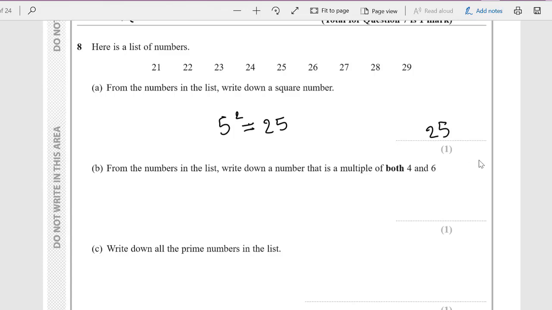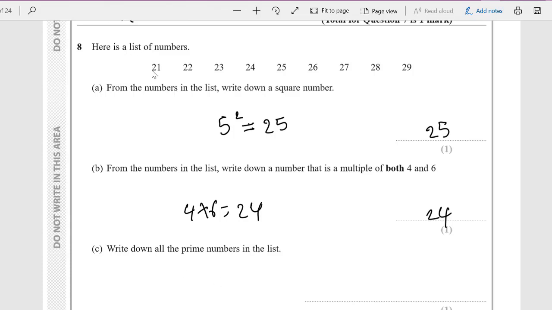So 25. From the numbers in the list, write down a number that is both a multiple of 4 and 6. Well, I can just do 4 times 6, 24. So I know that the number is going to be 24. And then write down all the prime numbers in the list.